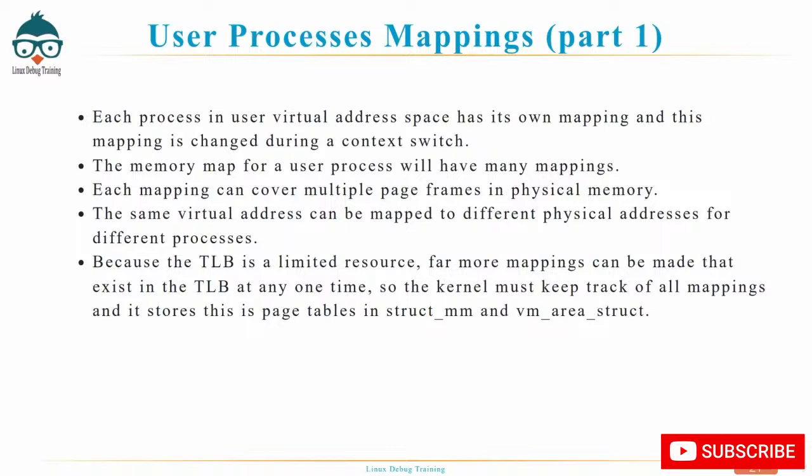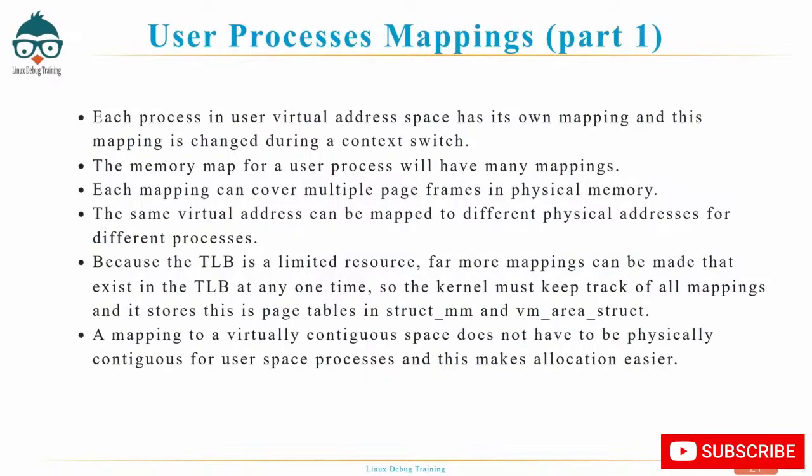A mapping to a virtually contiguous space does not have to be physically contiguous. This is always true for user space processes, and this makes allocation easier because we can provide large, virtually contiguous areas which can map to fragmented areas across physical memory. The TLB and the MMU hide and manage this fragmentation.